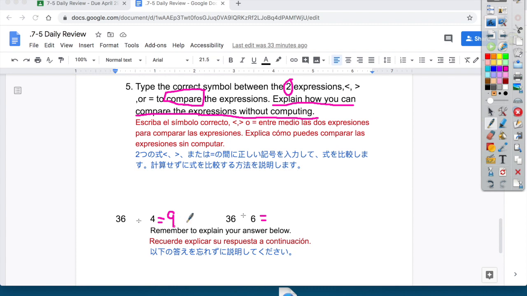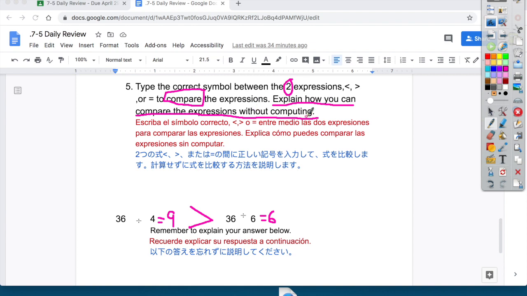Correct. It's 9. 36 divided by 6 is what? Very good. You guys are on a roll. It's 6. So that means that 9 is greater than 6.